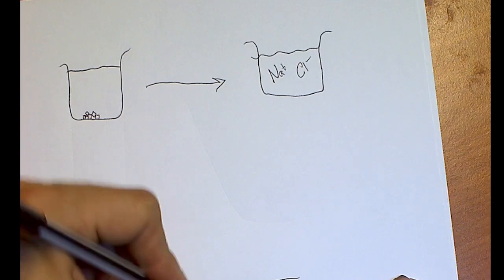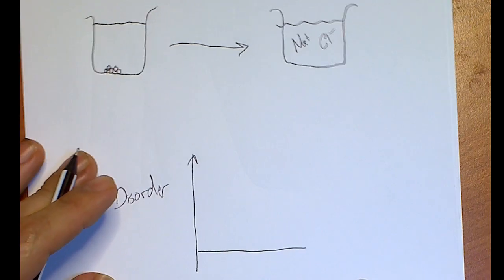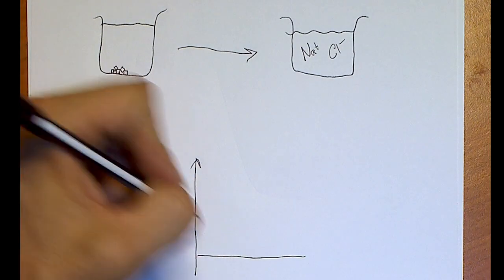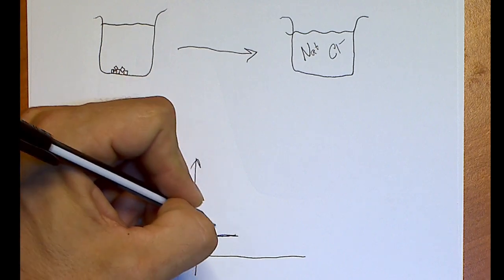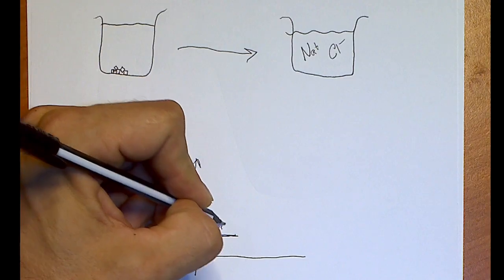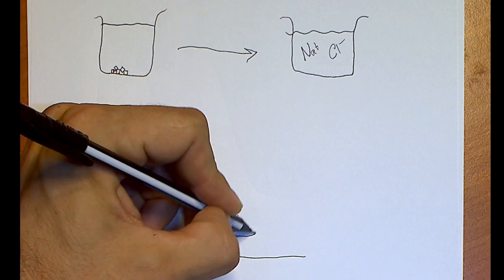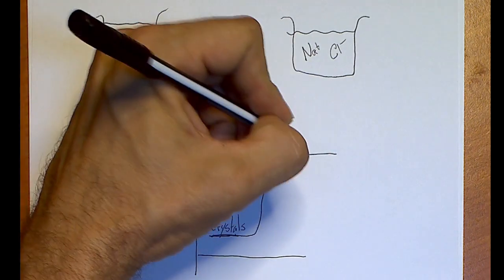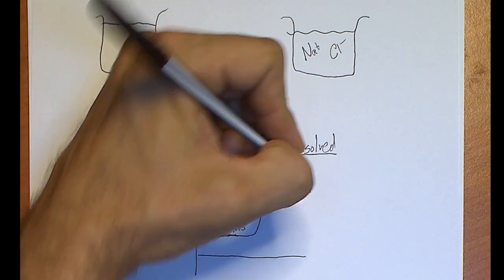And so we can think of it, if we have a scale this time and the vertical axis is disorder, as we go up this, we're going to more disorder. So here are our crystals of salt. And up at the top, in more disorder, is our dissolved salt. Entropy is a state function.